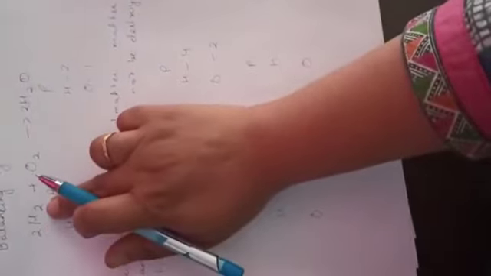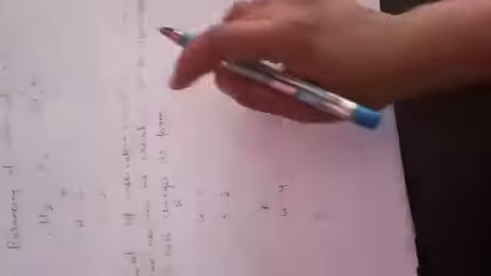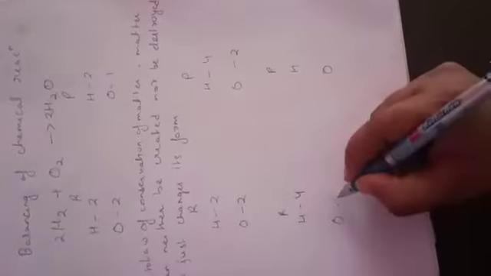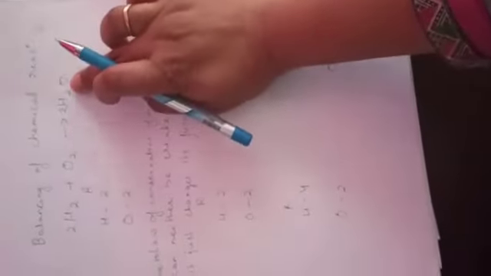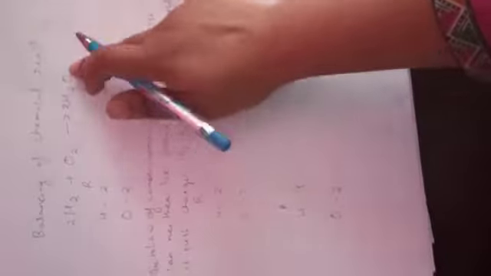Here you can count now: 2 twos are 4, so there are 4 hydrogen atoms on the reactant side and 2 oxygen atoms on the reactant side. In case of products, there are 2 twos are 4 hydrogen atoms on the product side and 2 ones are 2 oxygen atoms on the product side.